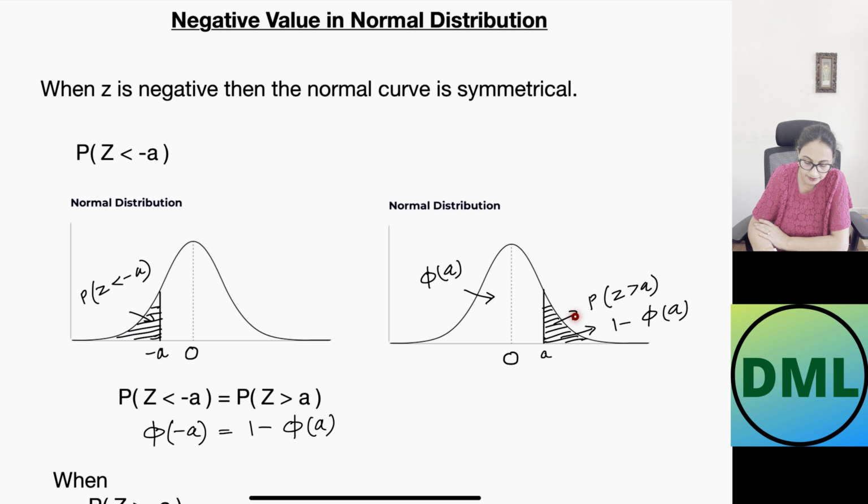We know that the greater than part will be shown as 1 minus phi of a. Phi of minus a will be the same as 1 minus phi of a because of the symmetry of the curve. That's how we have the formula: probability of z less than minus a is written as phi of minus a, which is equal to 1 minus phi of a.